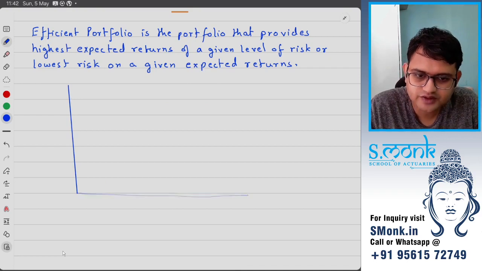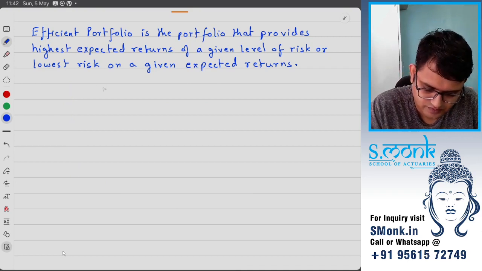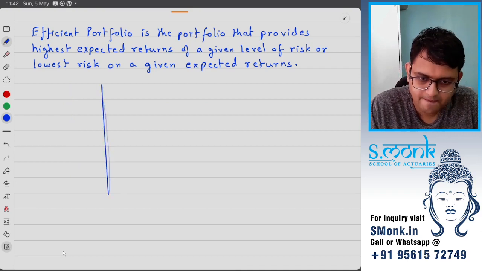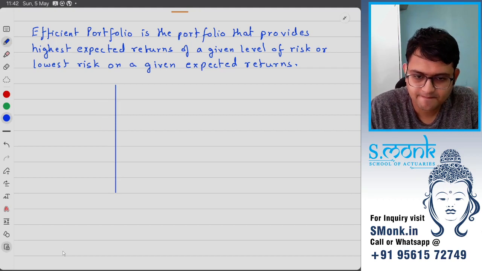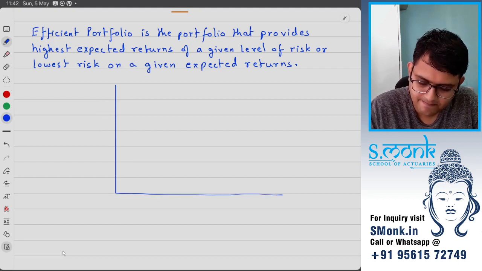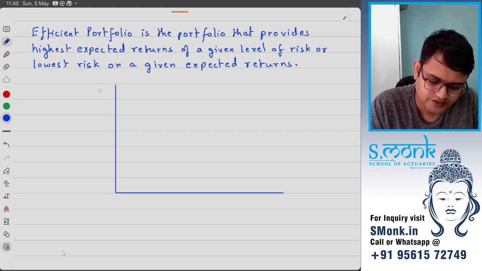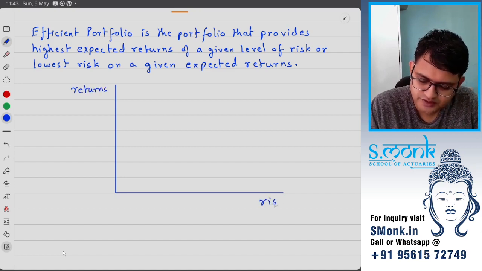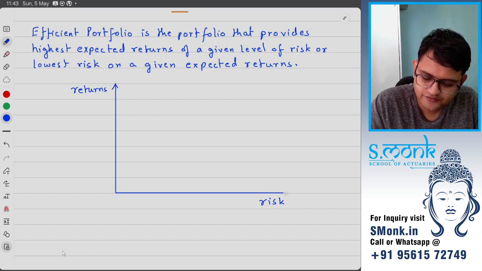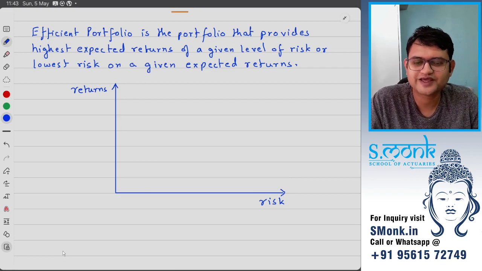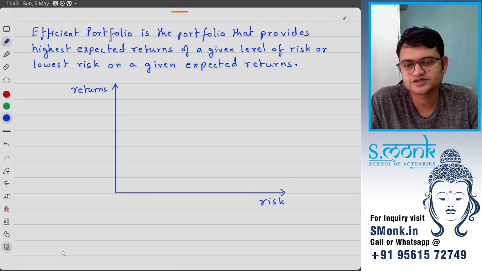So let's say this is my returns, this is the risk. Okay, so this is, let's say, a graph of expected returns versus risk.